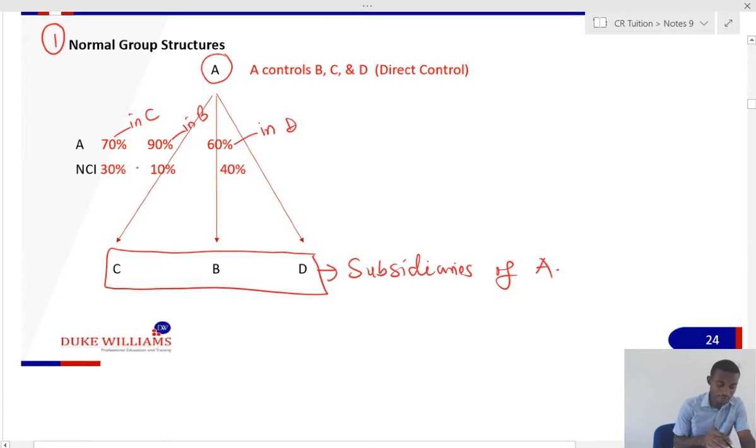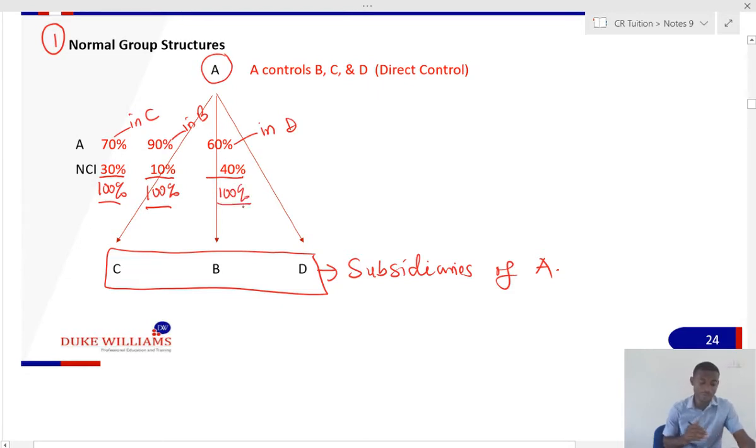Now, in each of these investments, for example, where we have entity A having 70% in C, the non-controlling interest will be 30%. So we can have a total of 100%. Where it has 90% in B, the NCI is 10%. Again, so we can have 100%. Where it has 60% in D, NCI is 40%, so we can have 100% interest.